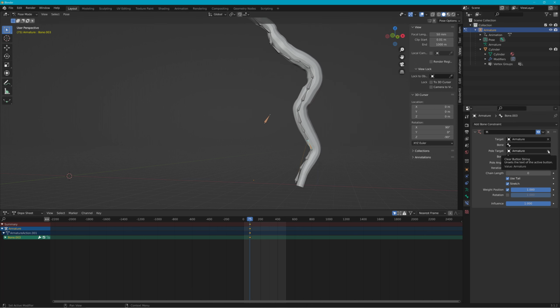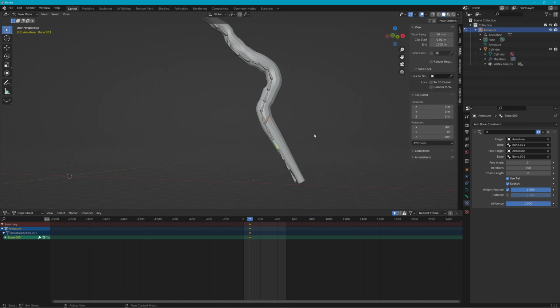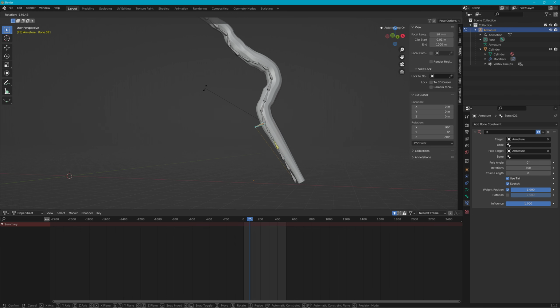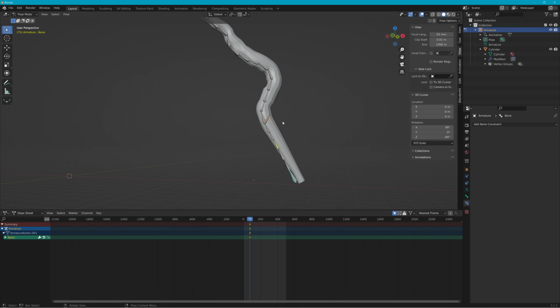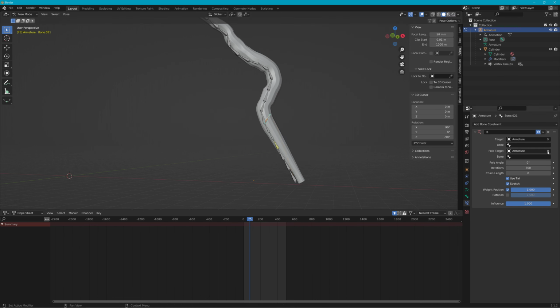I'm on track. Oh, that's what it is. I gotta know what bone that is. I think that's bone number 1. And now whatever bone, that's probably the last bone. I just got something backwards, that's all.